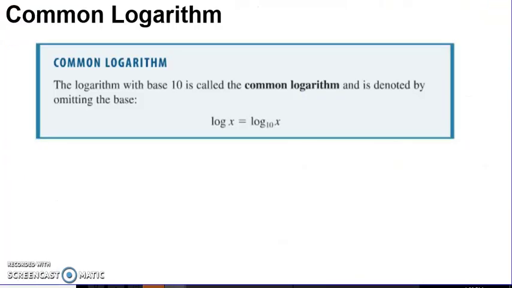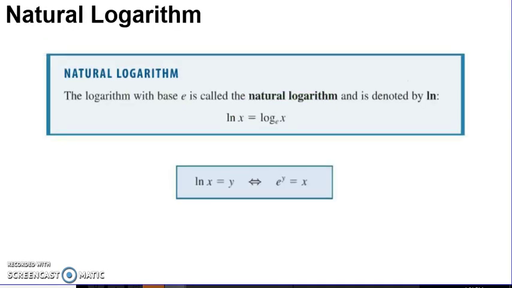Common logarithms are logarithms with base 10. So very important that you understand common logs have base 10, and it is denoted by the notation log of x. If you don't see a base, you have to assume that it is the value of 10. The natural logarithms are with base e, and it's denoted as ln of x.